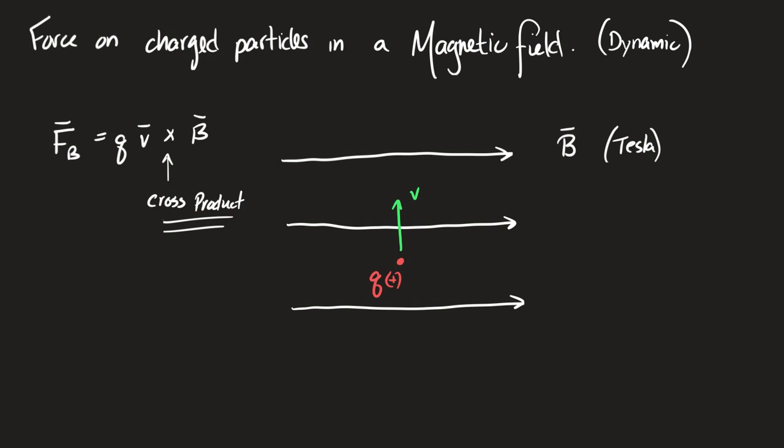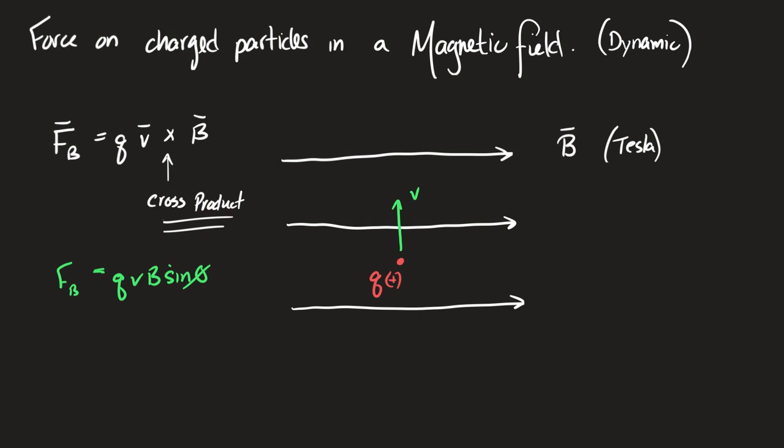The cross product is maximum when the two vectors are perpendicular to each other, which should suggest to you that the force is going to be based on the sine of the angle between the velocity and the magnetic field. Right? Sine is a maximum at 90, so we use the sine here because we get our maximum result for two vectors that are perpendicular to each other.